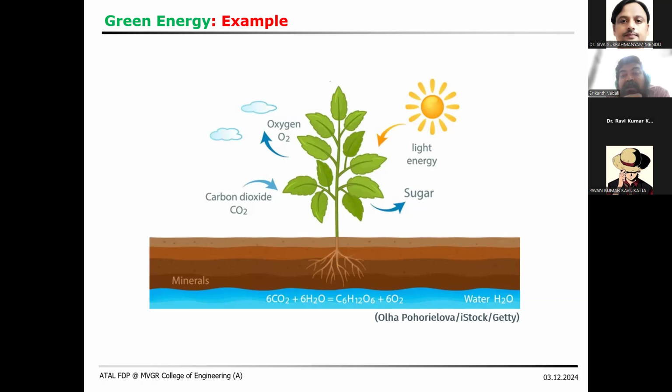Mass is a manifestation of energy. It gets converted into sugars, and in doing so, is the environment harmed? No, in fact, it is the opposite. The environment benefits. The carbon dioxide in the environment is taken up during photosynthesis, and oxygen is released. So probably this is the only example which satisfies.